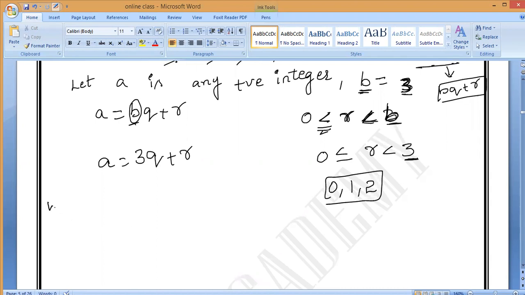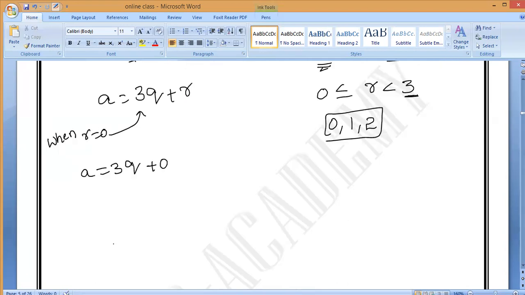When r equal to 0, what is the equation? When r equal to 0, substitute the r value in this equation. A is equal to 3q plus 0. Okay. Next. When r equal to 1, what is the equation?